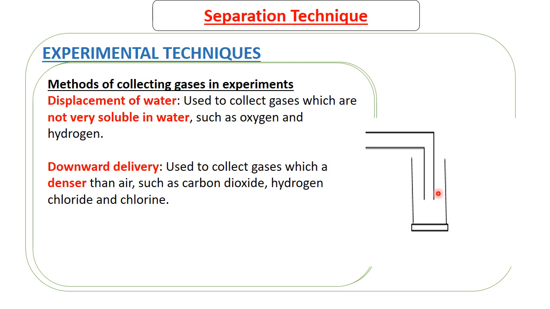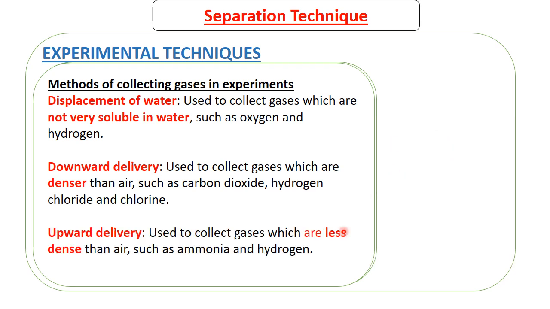If it is light or less dense, it could go up, but because it is denser, it will stay here. So it means you have collected your gas. You can even remove this. You have your gas here and here on top. So that's what downward delivery is.